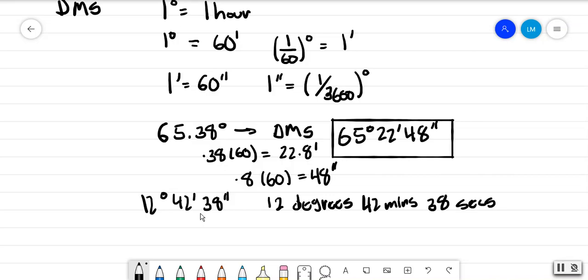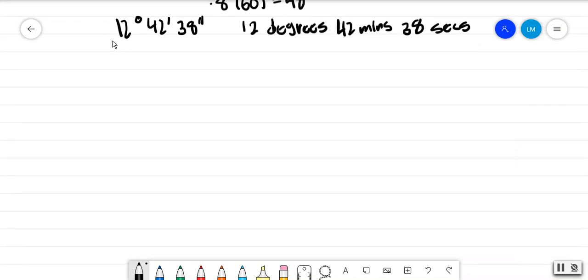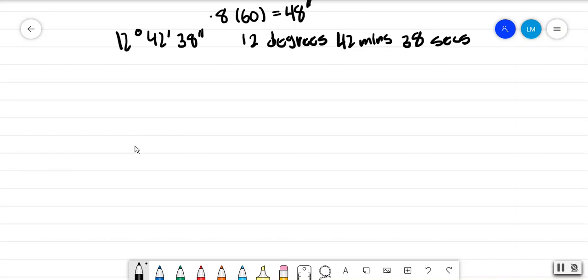Okay, so let's go ahead and look at, for example, adding and subtracting degrees.